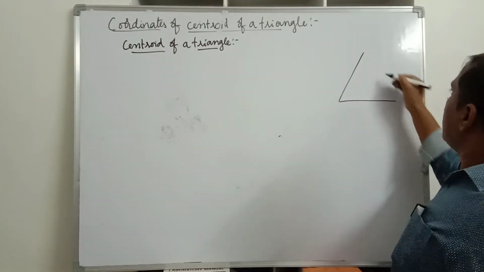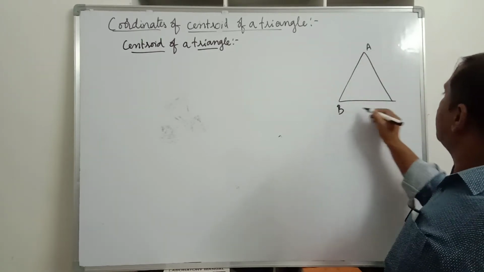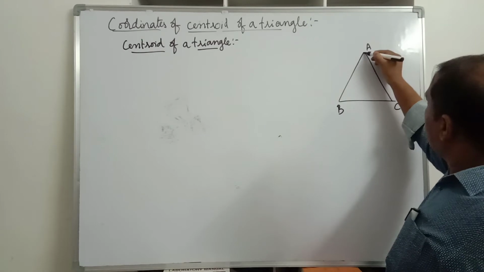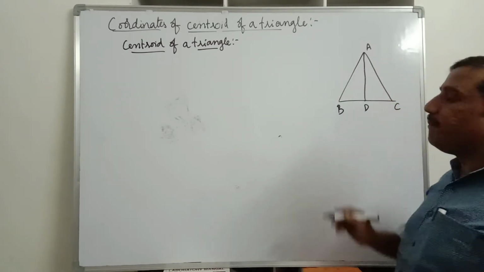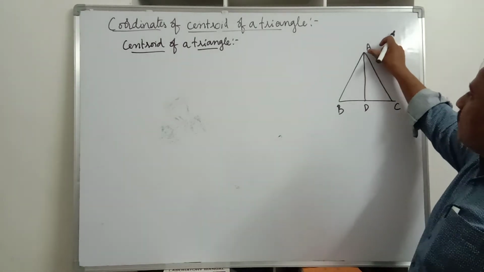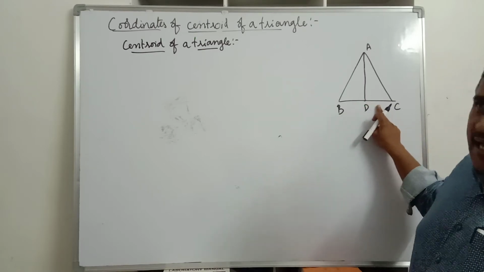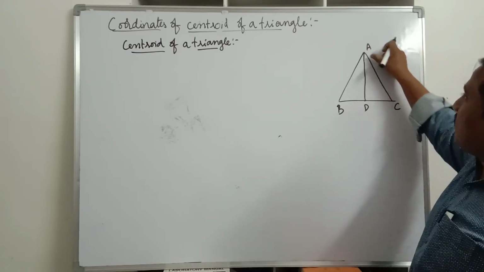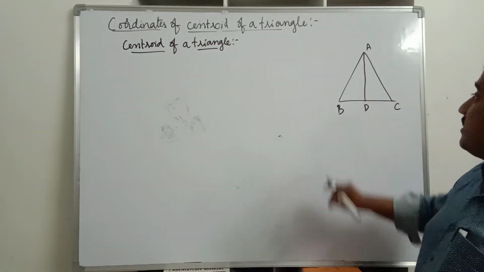Take a triangle ABC with vertices A, B, C, and let AD be one median. What is a median? A median is the line segment drawn from one vertex to the midpoint of its opposite side in a triangle.